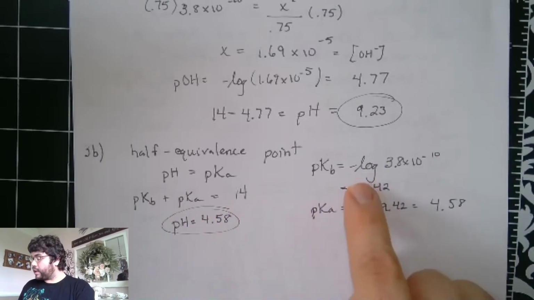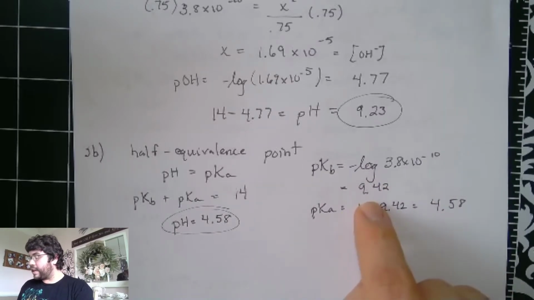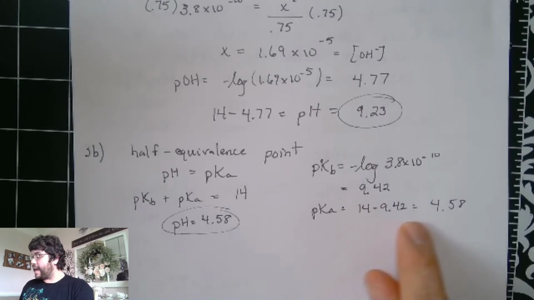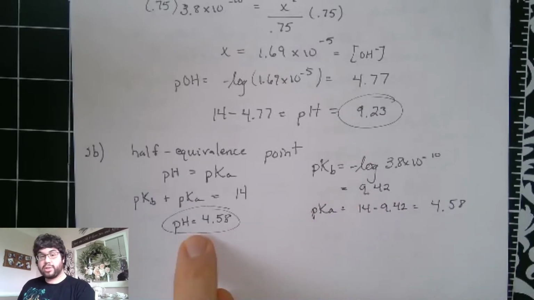We were given the Kb of the solution, so we can figure out the pKb, which is 9.42. And so the pKa is 4.58. So the pH at the half equivalence point of this solution is 4.58.